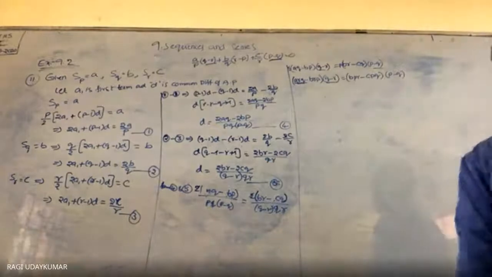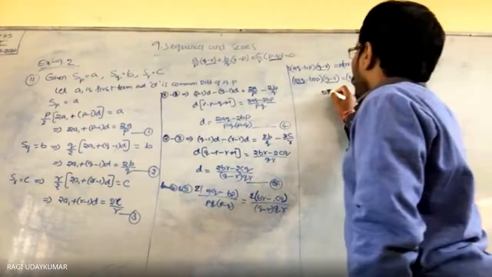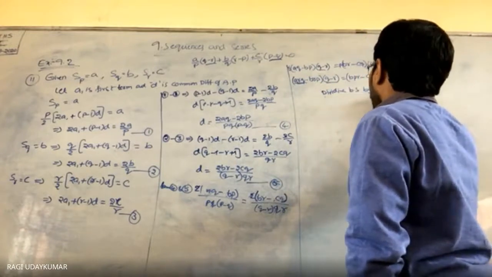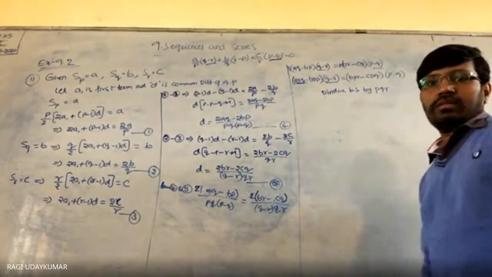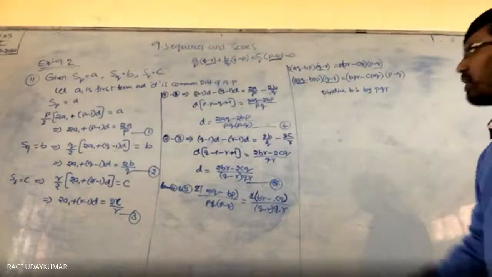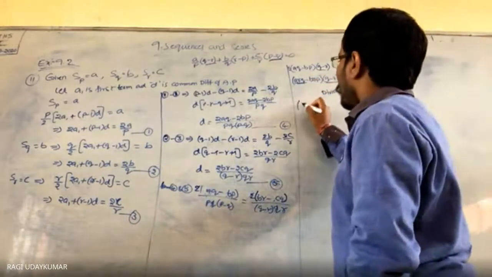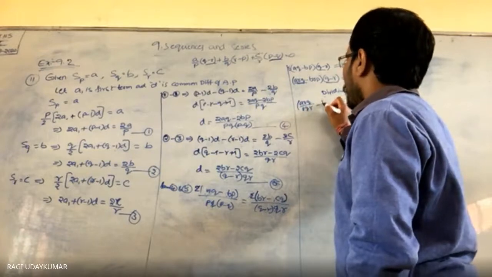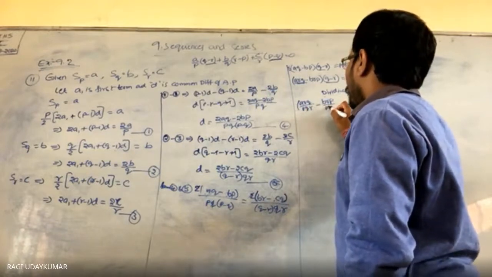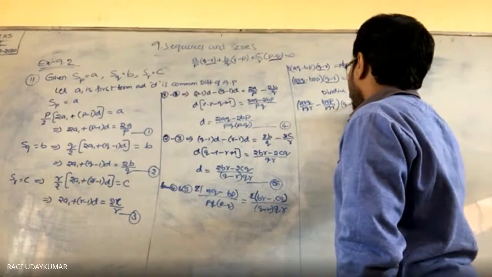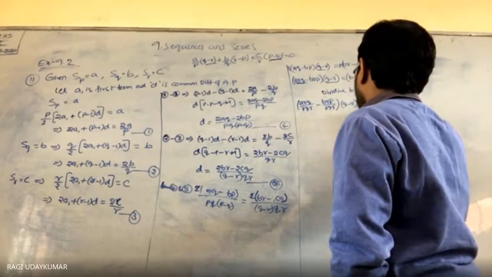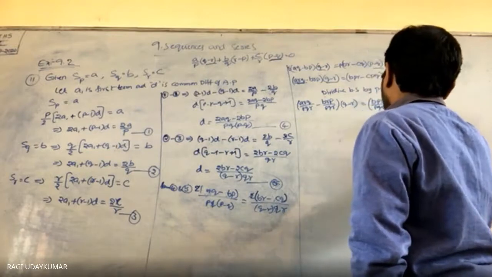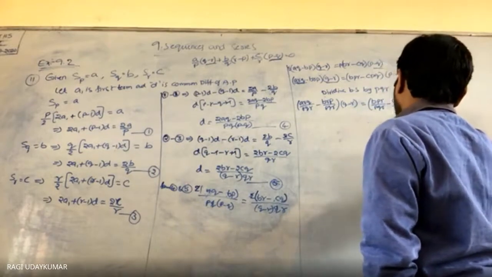By that observation you can say that dividing both sides by pqr we are going to get: arq by pqr minus brp by pqr into q minus r is equal to bpr by pqr minus cpq by pqr into p minus q.